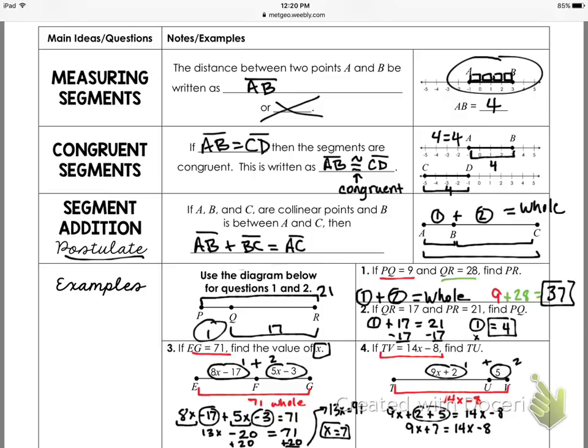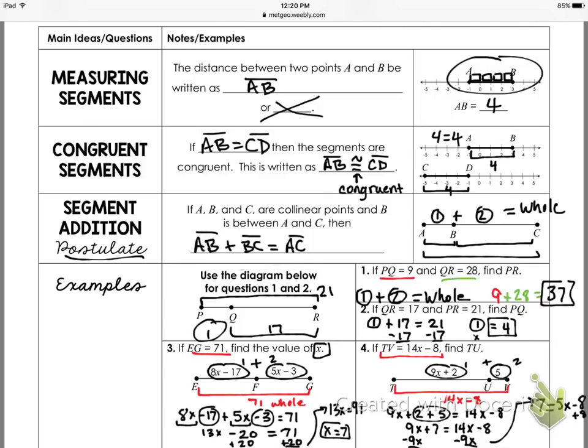And now again, it just goes to solving an equation like we did in Algebra 1. So I'm going to decide to do subtraction of 9x on both sides. We could do some other methods, but what is that going to give us? That's going to give me 7 equals 14 minus 9 is 5x minus 8.